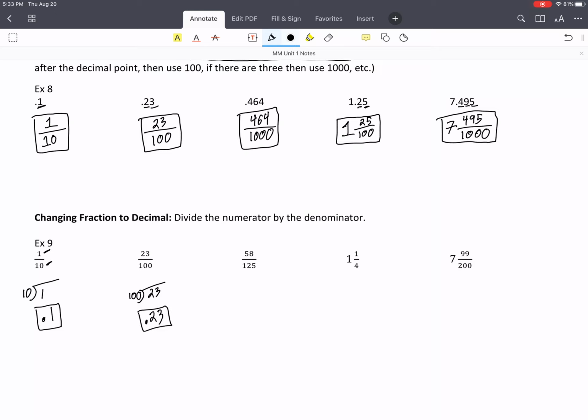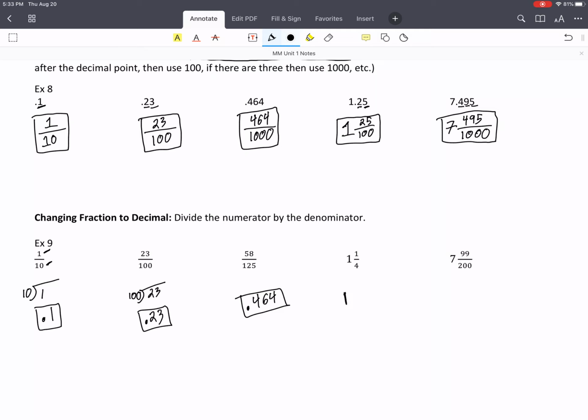These other ones aren't quite as nice, but we can still do them. So if we just plug into our calculator 58 divided by 125, we get 0.464. Okay, 1 we don't need to worry about.